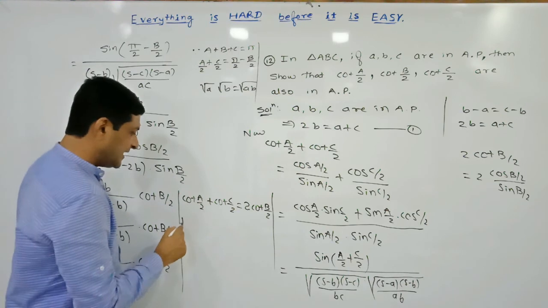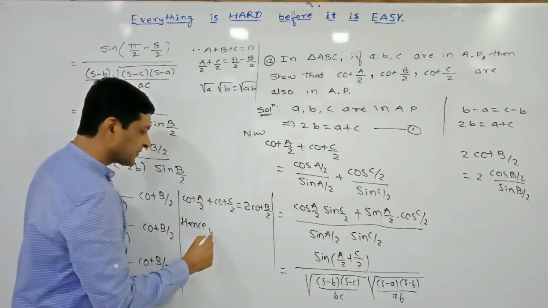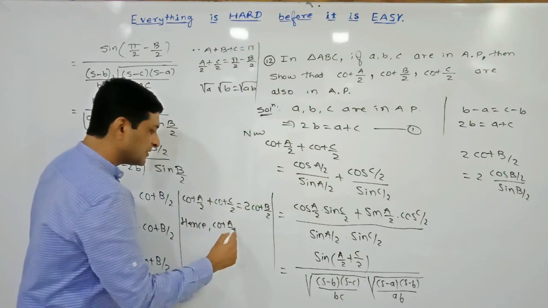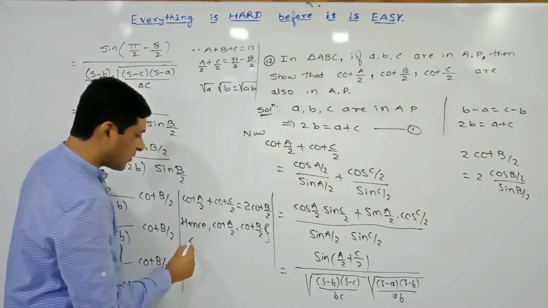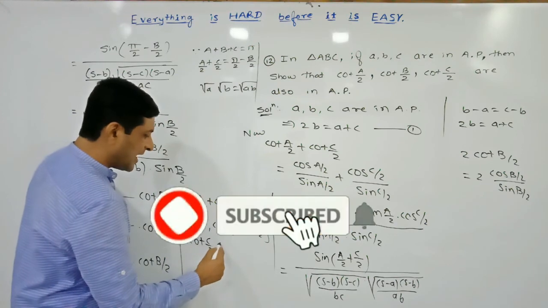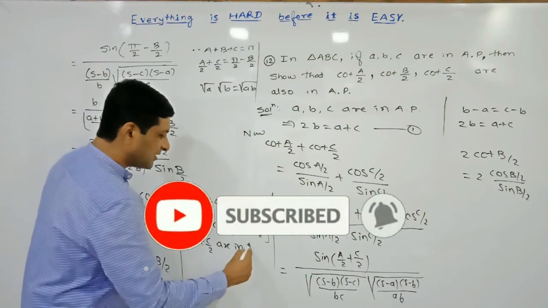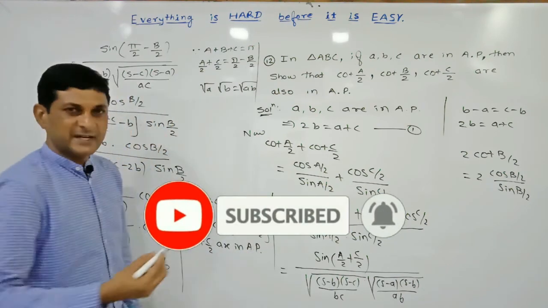Arithmetic progression. Hence cot A/2, cot B/2 and cot C/2 are in arithmetic progression, which is our required result.